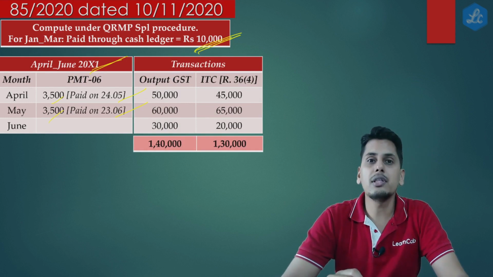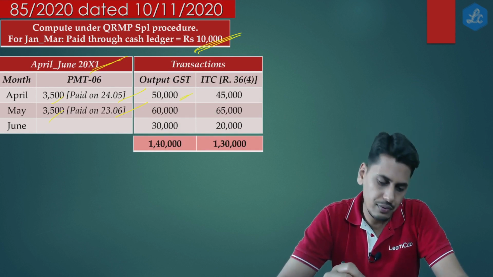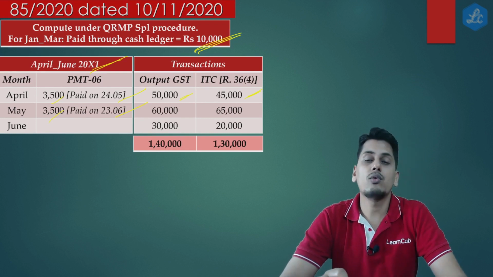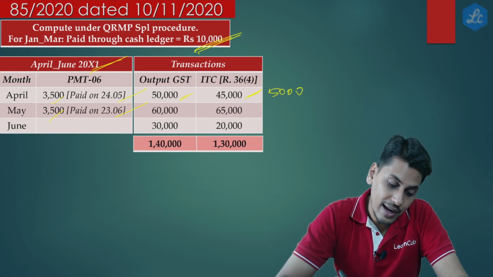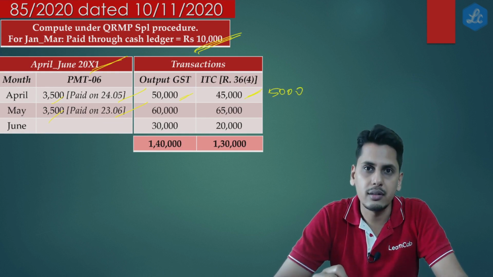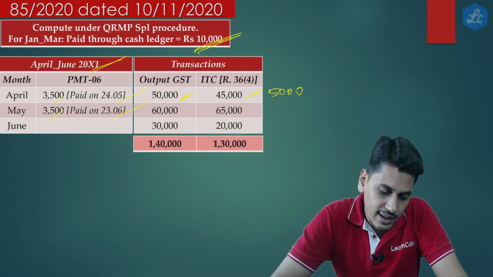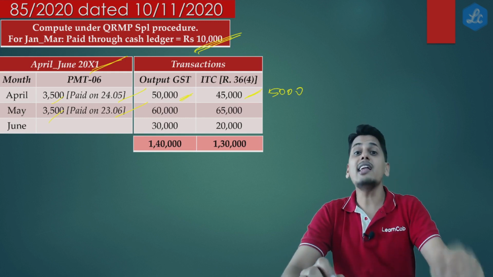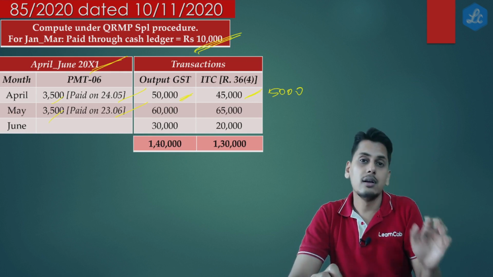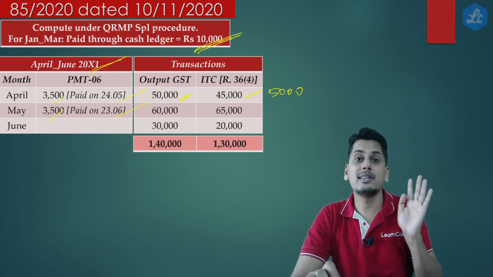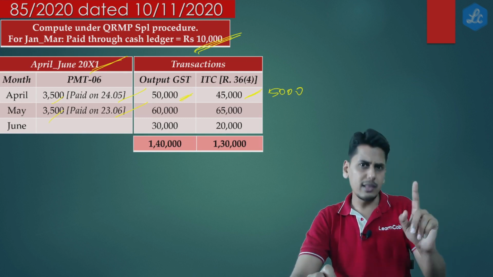For the month of April, the actual output GST was 50,000 and input tax credit was 45,000, which means that ideally 5,000 rupees should have been paid under self-assessment. We are just analyzing what the actual transactions were for the month of April.